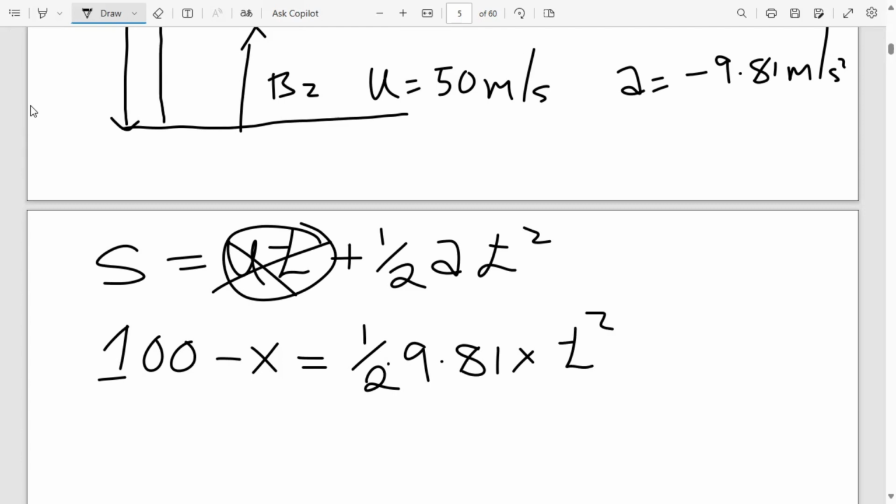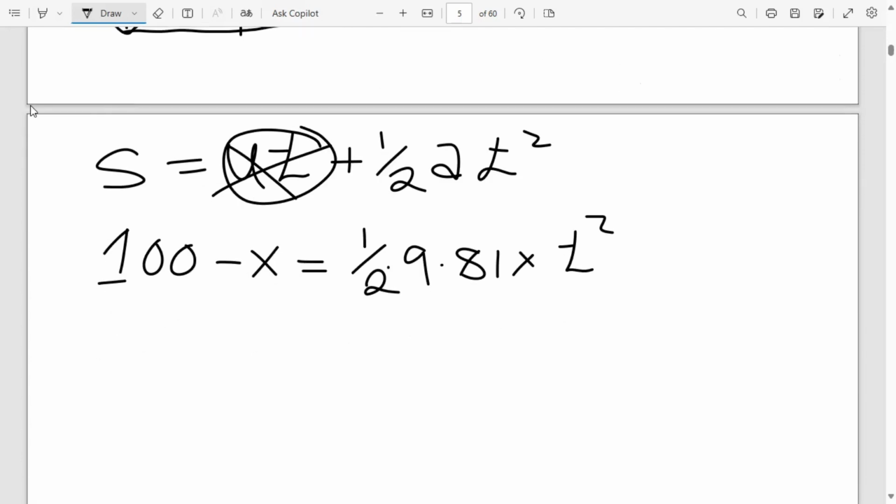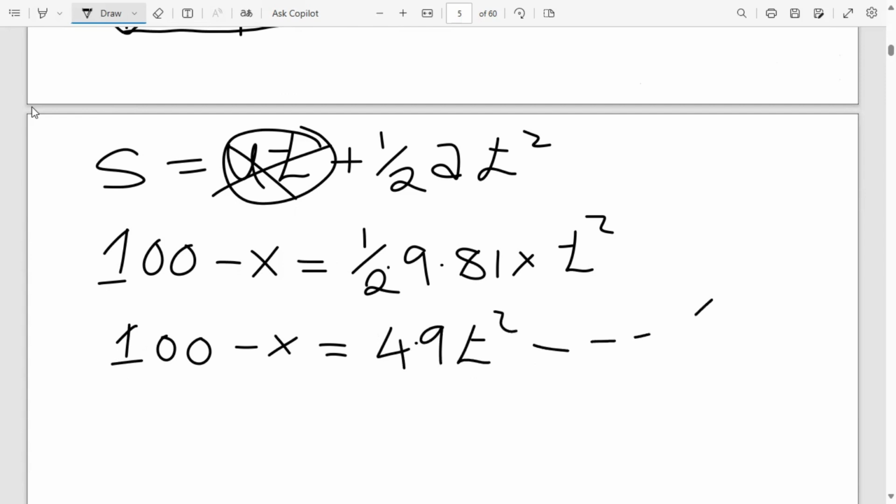So we have 100 minus x equal to 4.9 t squared. We can label this as our equation number 1.